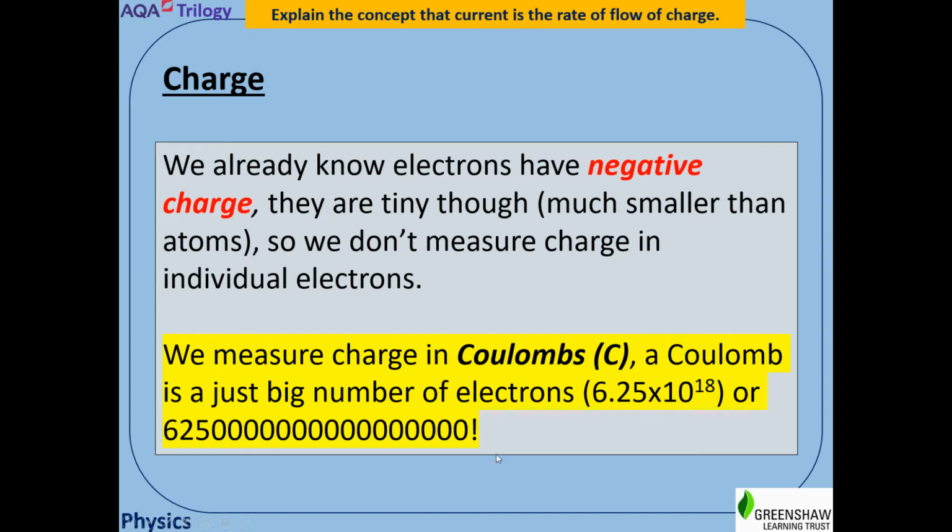You need to write this down in yellow. So charge is the flow of a large number of electrons. 1 coulomb is 6.25 times 10 to the 18 electrons flowing. So lots and lots and lots, far more than we can realistically understand and think about.